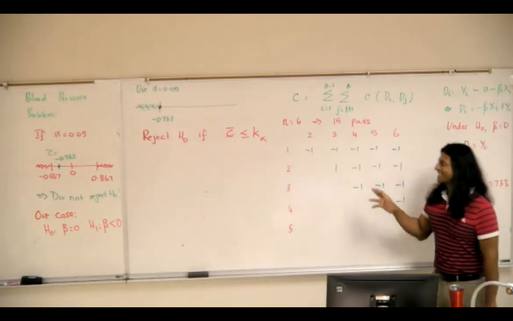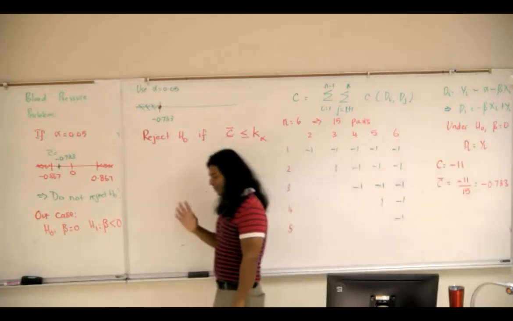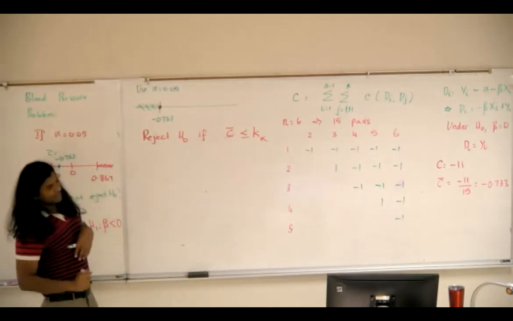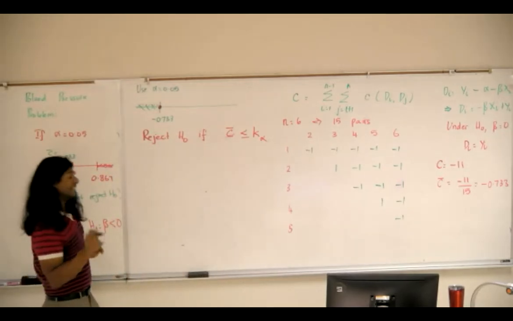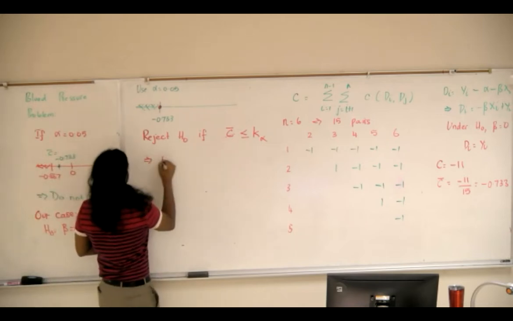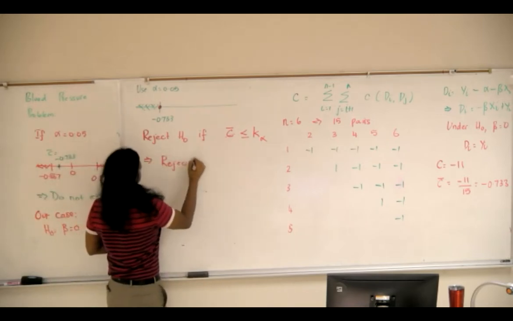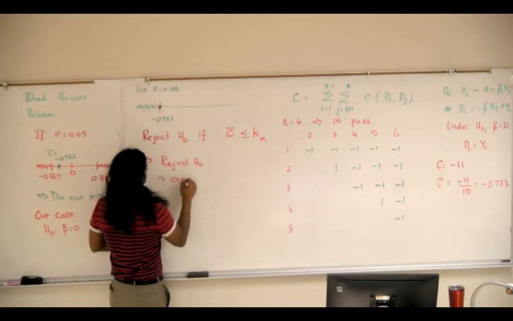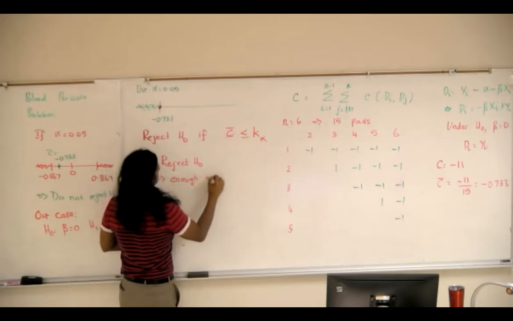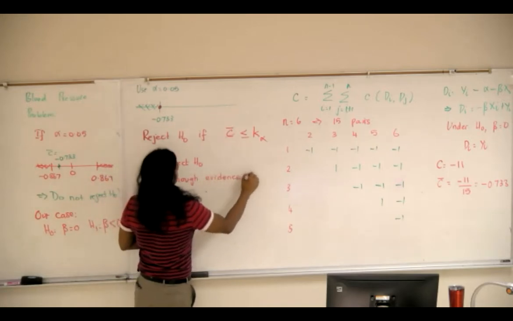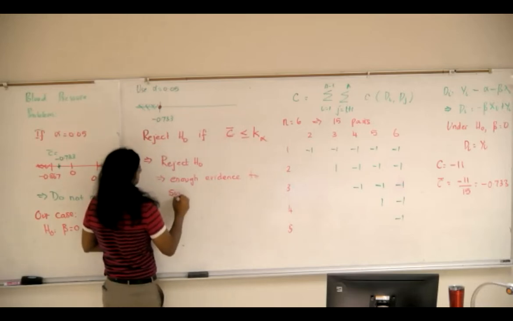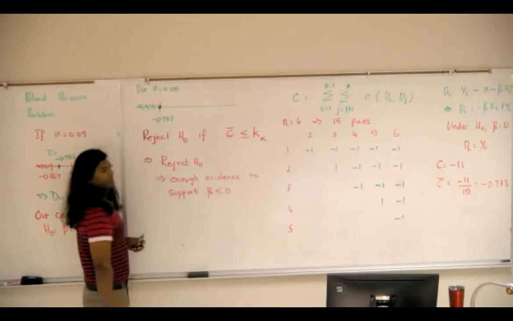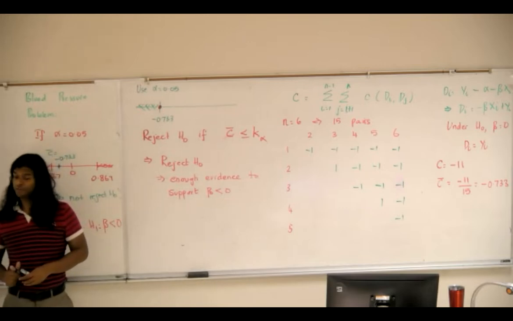C bar is always less than or equal to. So is it less than or equal to? It's not less than, it is equal to. So we reject the null. Enough evidence to support beta is less than 0.